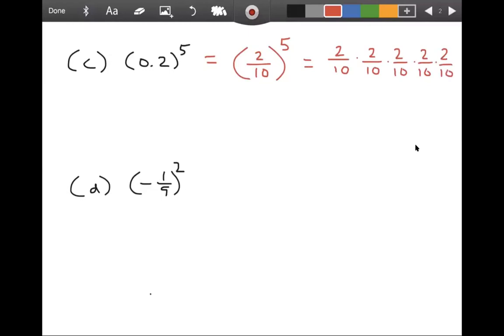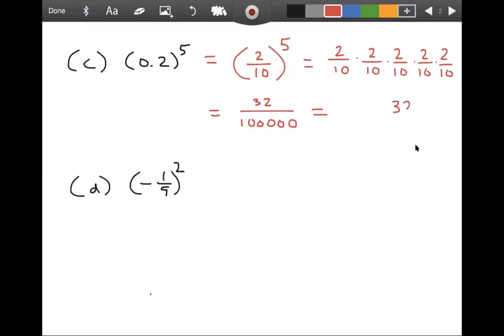2 times 2 times 2 times 2 times 2 is 32. 10 times 10 times 10 times 10 times 10 is 100,000. And then if you put that back to a decimal, let me make sure that I put the correct number of zeros between the decimal point and the 3.